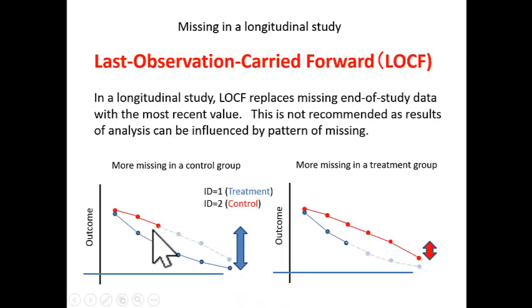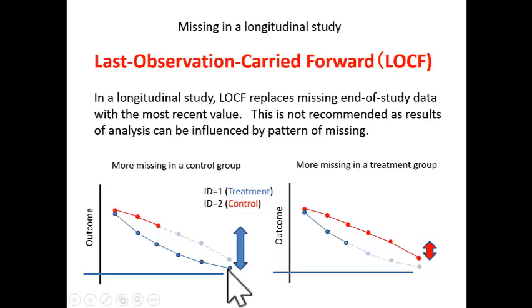Okay, so assume you're conducting an RCT and patients are supposed to come back every month for 6 times. Okay, so baseline, visit 1, visit 2, visit 3, visit 4, visit 5.